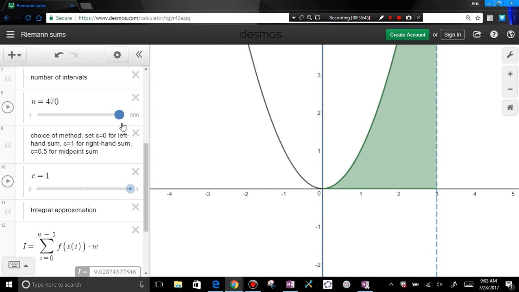It just gets closer and closer to 9. So when you take n larger and larger, it's that number. And in terms of the sum, we want to be able to write one line that represents adding up 500 things.